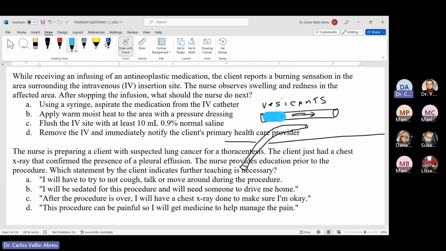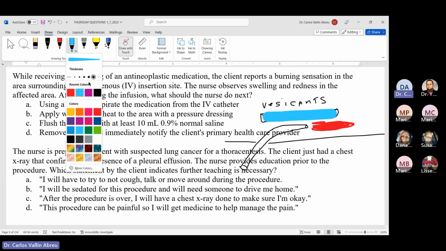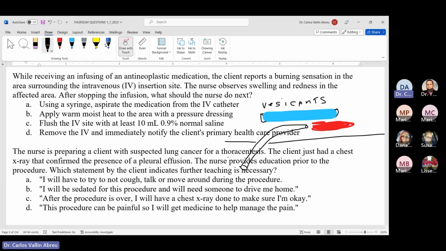The catheter with the liquid considered a vesicant spills outside the vein. Make sense? This is the scenario. So when this is happening, the recommendation is to stop the IV infusion immediately, of course.